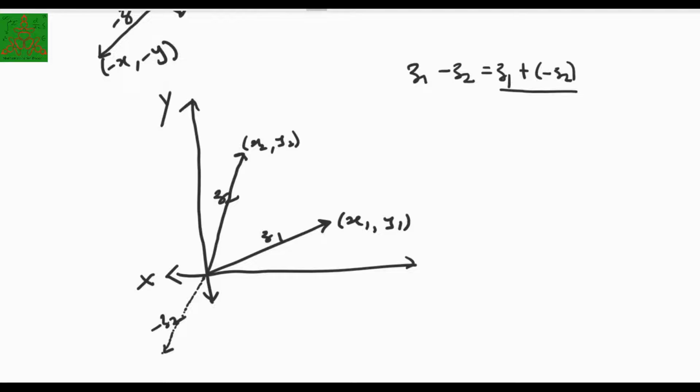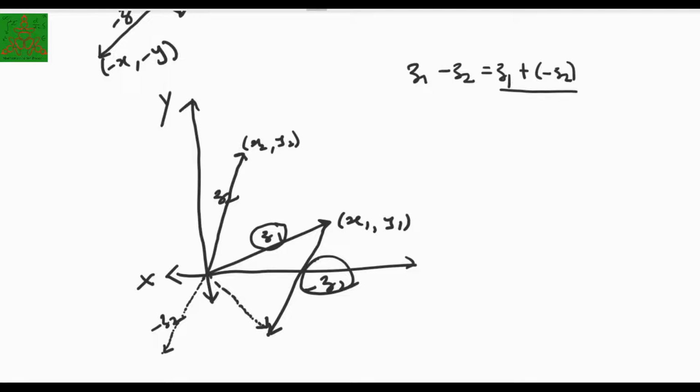Now what I am doing is, I am copying this minus z2 and placing it here in the opposite direction. So in the reverse direction, this is z2, which is the same length, and in the reverse direction the minus z2 is. So I am copying that minus z2 here. So what is z1 minus z2? That is this z1 plus minus z2.